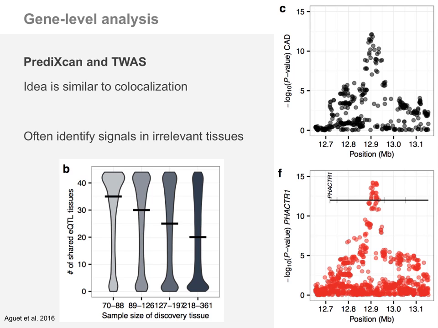And there are other issues. If you have ever analyzed data using PrediXcan, you tend to identify significant genes. But if you want to see which tissue the signal is coming from, you will see something like: the signal comes from brain, but also from skin, from gut, from all sorts of seemingly irrelevant tissues.